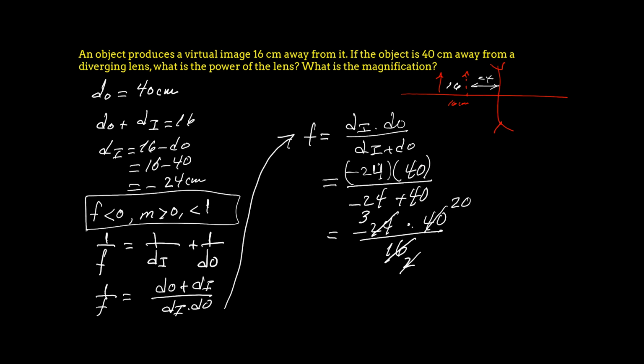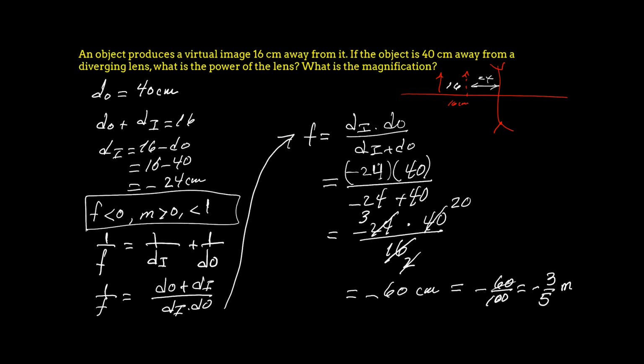So I have negative 60 centimeters, or negative 60 over 100 meters. I don't want to put it in decimal, so we divide by 10, that's 6 over 10, then divide by 2, so negative 3 over 5 meters.